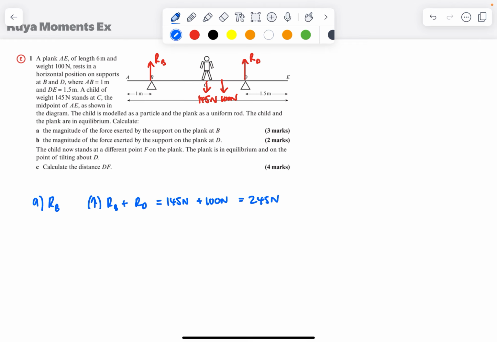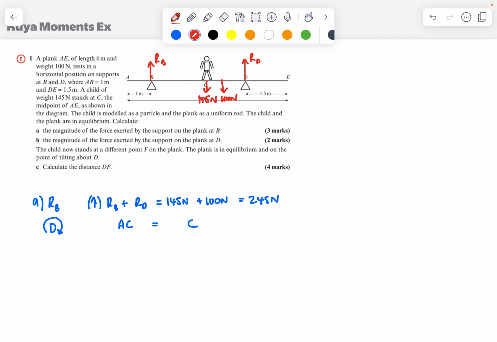Right, now, as I've got two unknowns, RB and RD, I'm going to pick D as my pivot. And what that means is basically that I can ignore the force RD because it will be RD times 0. So now all I'm going to do is split my forces up into anti-clockwise and clockwise.